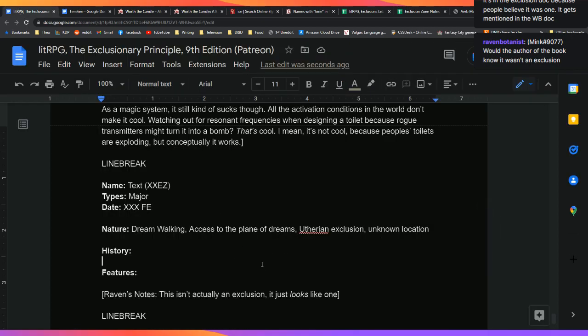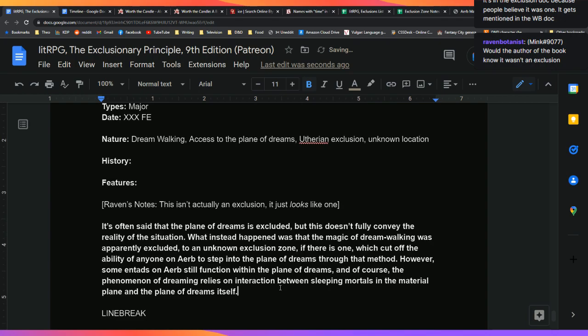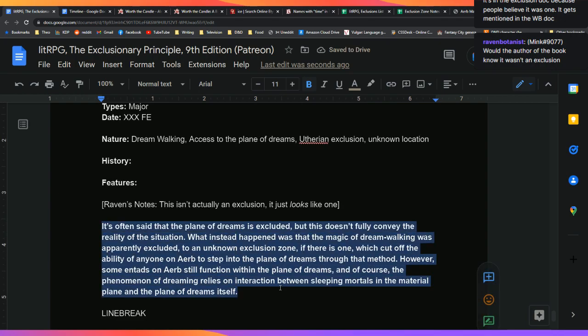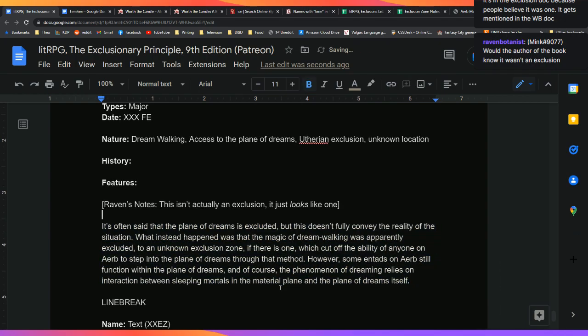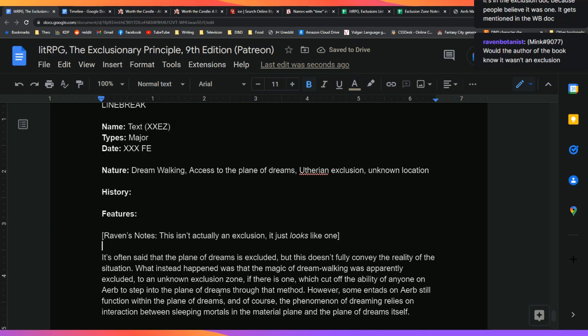And then we can include this in our notes for ourselves. Okay, that is all good. So yes, this is going to be a description of an exclusion that is not an exclusion, and then we'll have a note from Raven explaining or clarifying that fact.